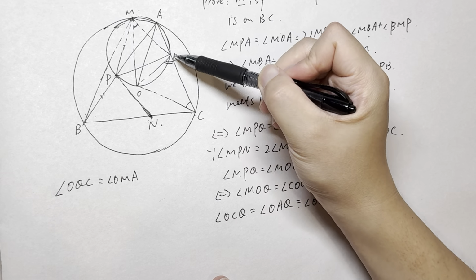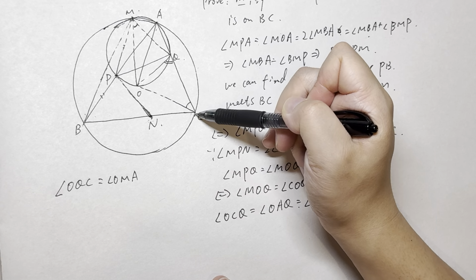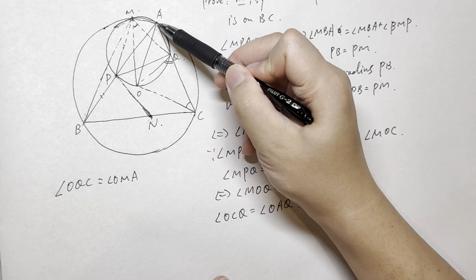Because M, O, Q, A are cyclic, so angle OQC equals to angle OMA.